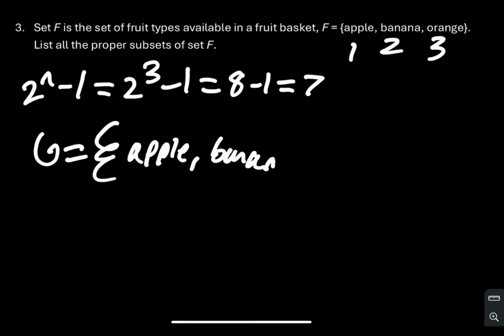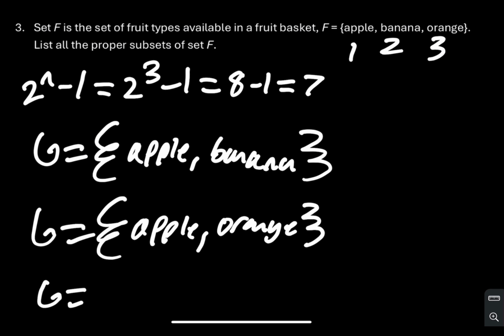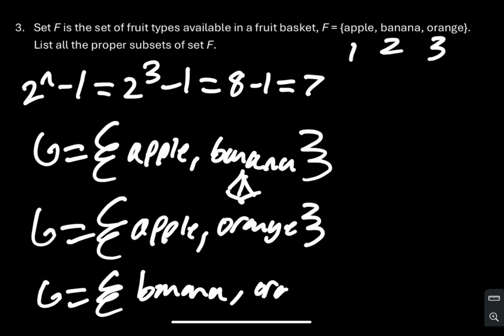I don't think I did. And then we have set G, which we're going to do apple, and then we're going to replace banana with oranges. And then the next combination is going to be G, and then we're going to do these two, banana and oranges.